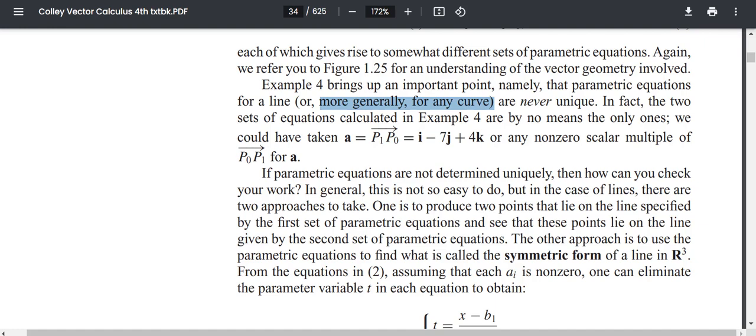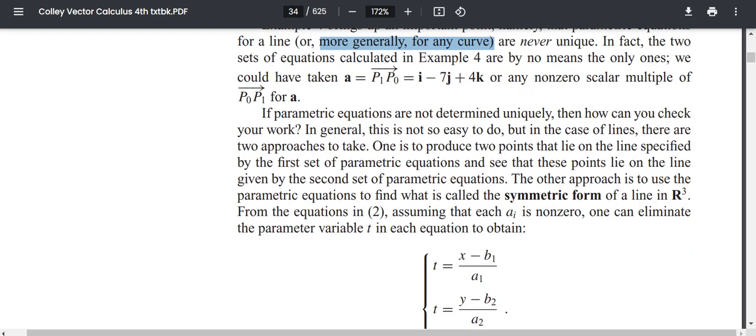One thing you can do is produce 2 points that lie on the line specified by the first set of parametric equations and see that these same points lie on the line given by the second. So that would ensure that both sets of parametric equations refer to the same line.